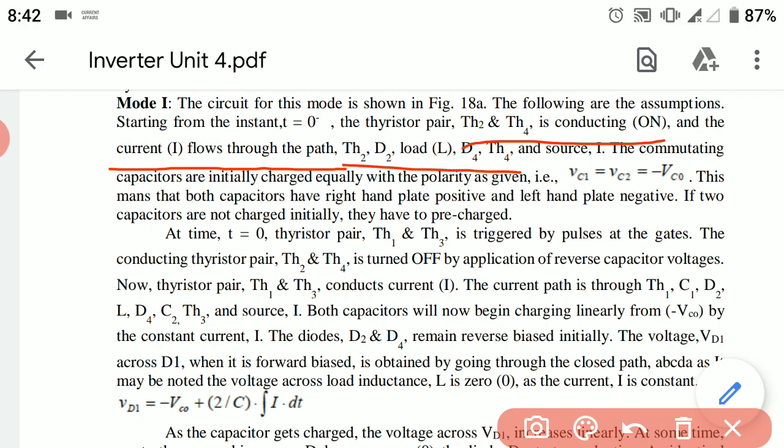In this t equal to 0 minus condition, the capacitors are initially charged with right hand plate positive polarity and left hand plate negative polarity.